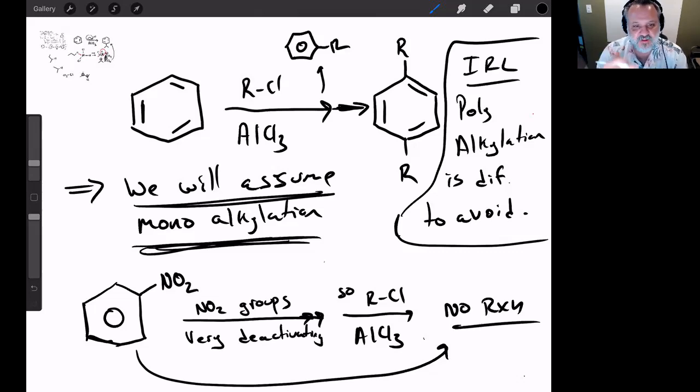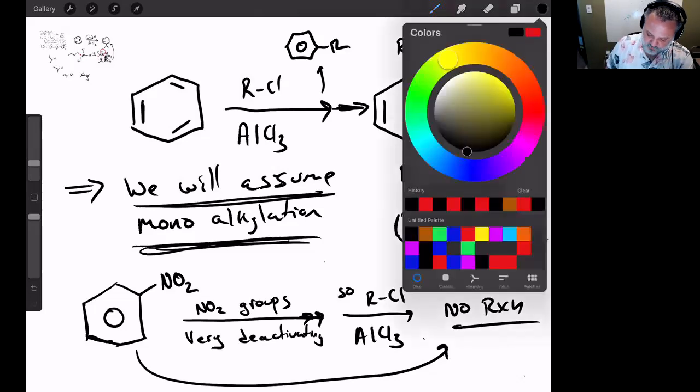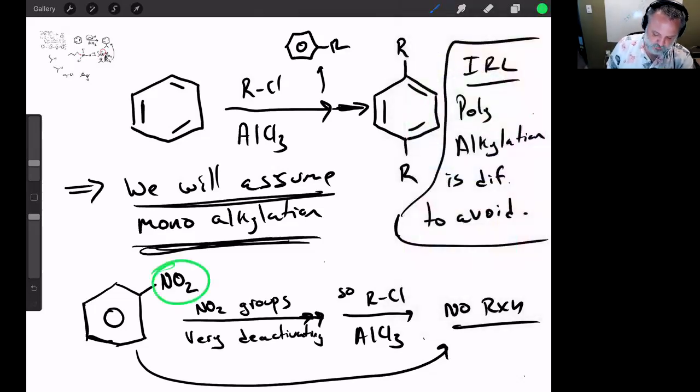If it's activating, then that means the next one happens faster. If it's deactivating, then that means the next one happens slower. What we're going to say is that in the case of nitro groups specifically, they're too deactivating. They deactivate to too strong of an extent to do any other electrophilic aromatic substitution reactions afterwards, particularly alkylation and acylation.